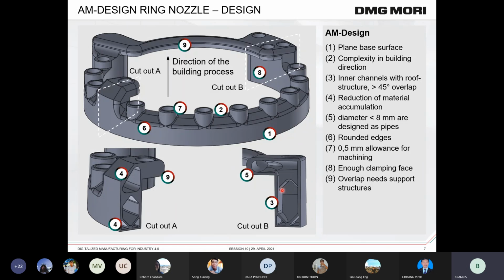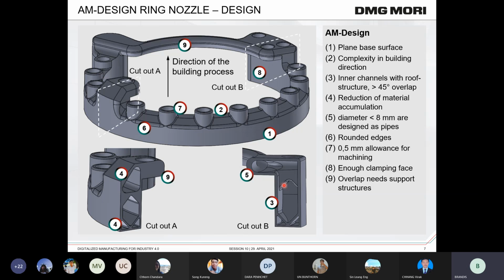If this angle is flatter than 45 degrees, we have to print it with so-called support structures. I showed it in session number 8. Support structures are very thin lattice structures printed in the same material, and it's necessary to remove them by milling or turning or to break them away manually.